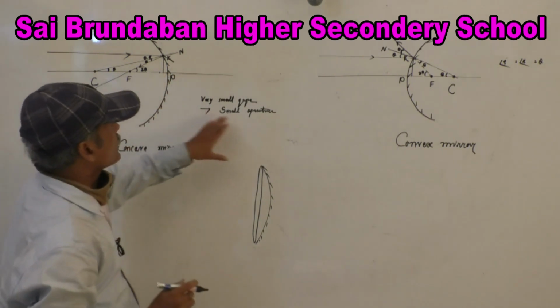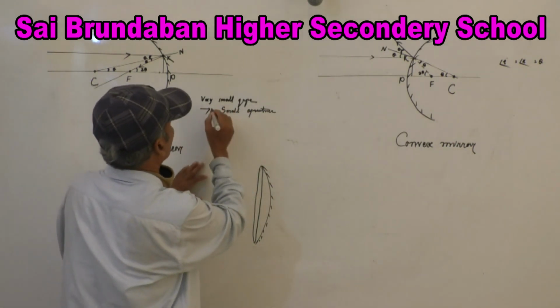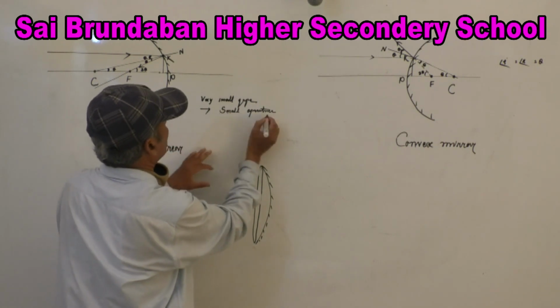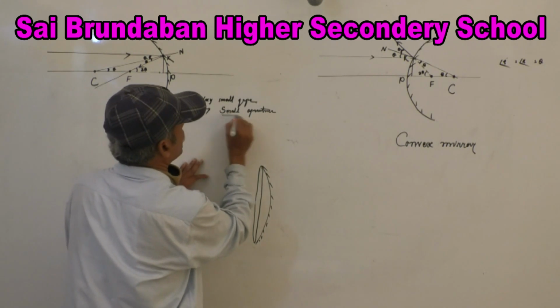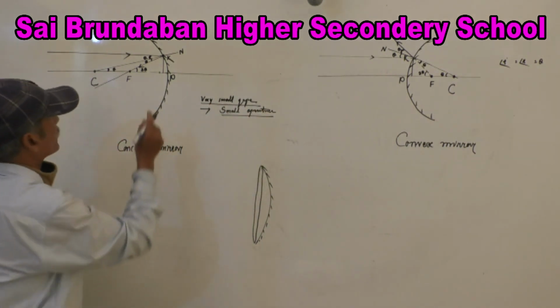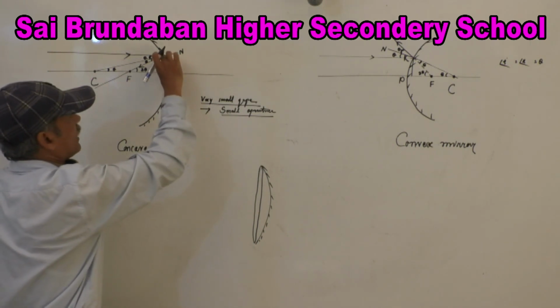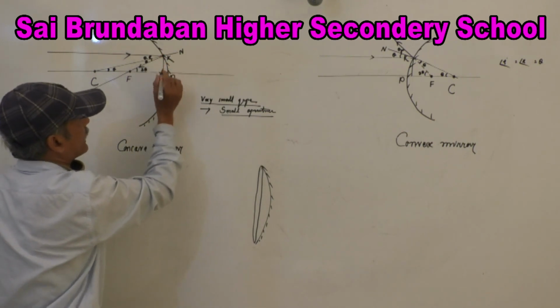So very small gap. For small aperture, the gap is very small. So that's why instead of the arc, we are taking the perpendicular line as KP.